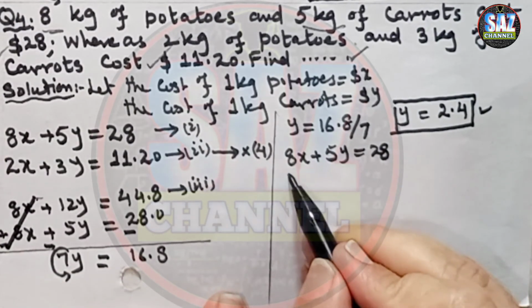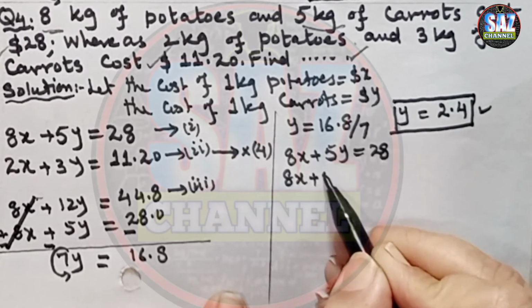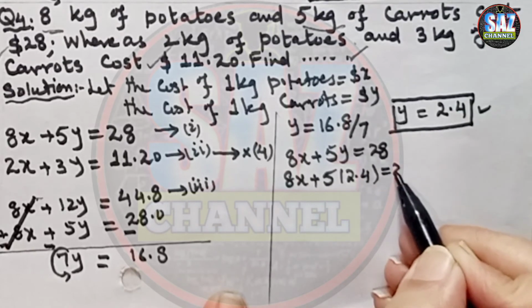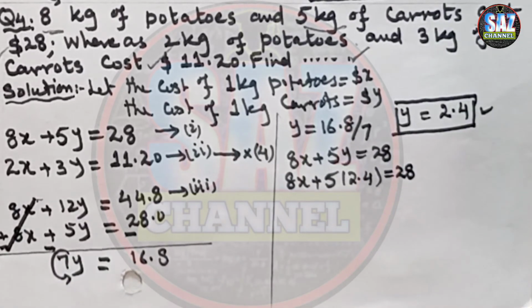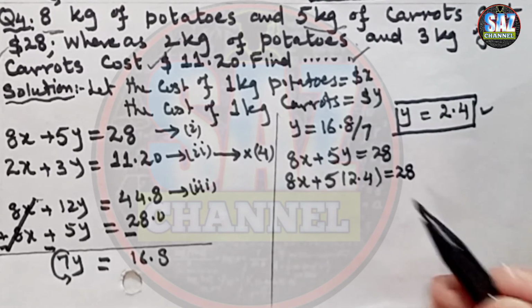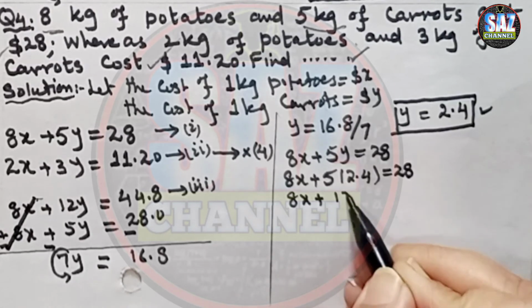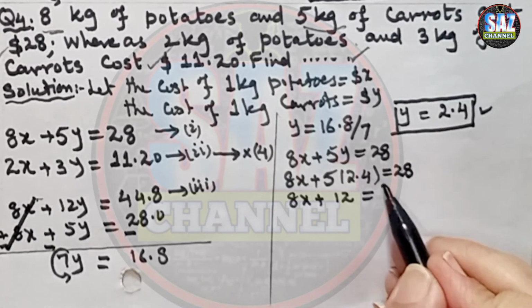Instead of y, 8x plus 5 times 2.4 equals 28, and 5 multiplied by 2.4 will give me 12. So 8x plus 12 equals 28.